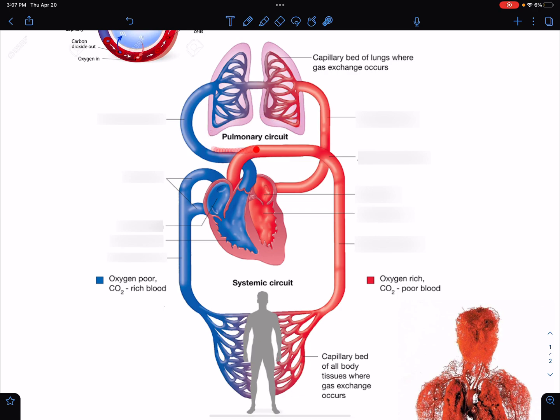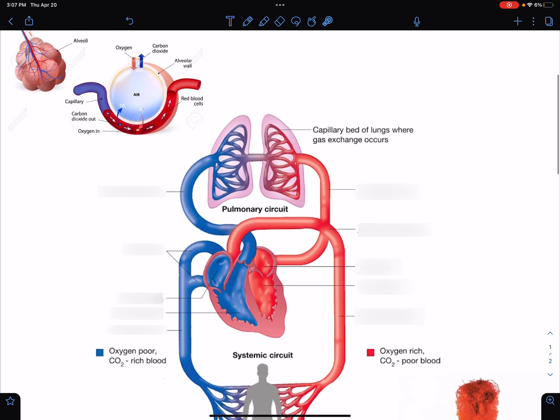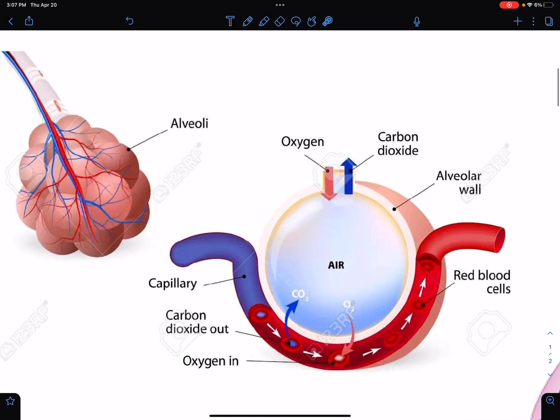So the pulmonary circuit is receiving blood that is oxygen poor and CO2 rich. And in the lungs, we had to accomplish gas exchange. We need to get oxygen into the blood and CO2 out of the blood. And this is accomplished via simple diffusion.